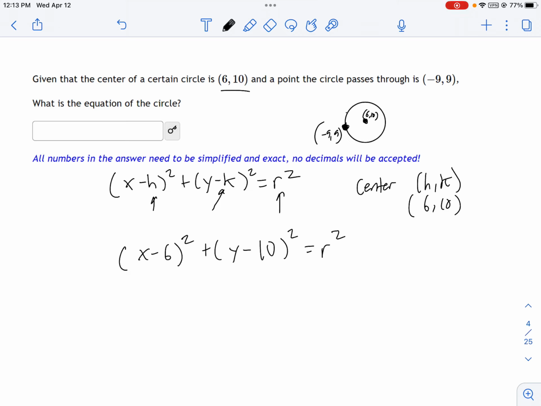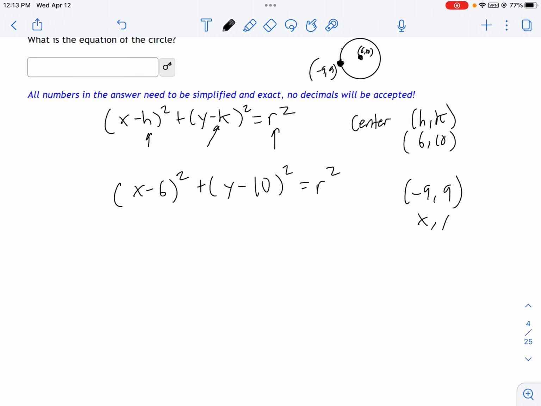So in other words, how do we use this second piece of information to find our last bit of information we need, the radius? Well, think about it this way. We know that (-9, 9) is a coordinate point, which is (x, y). That means that x has to be -9 when y is 9. We have three variables inside of our equation: x, y, and r.